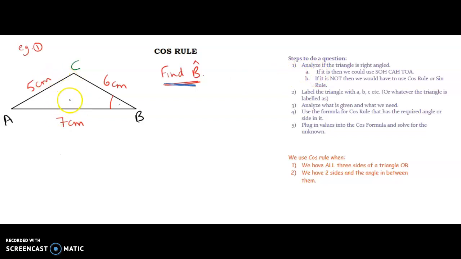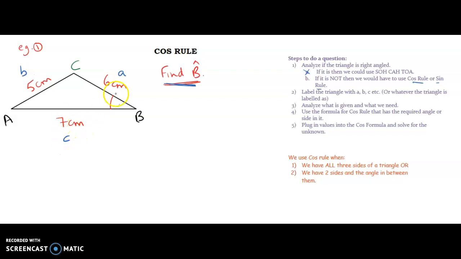I'm not seeing any right angle sign, so this is not right angle, so this is out. If it is not, then you could use cos rule or sine rule. Now I will do another video to explain sine rule, but for this one I'm just going to do cos rule. Label the triangle A, B, C, etc., or whatever the triangle is labeled as. In this particular case, it is labeled capital A, capital B, capital C. So of course, here will be small a, here will be small b, and here will be small c.